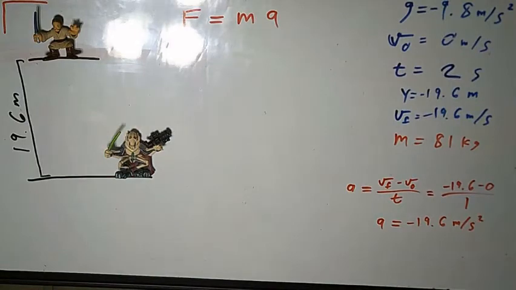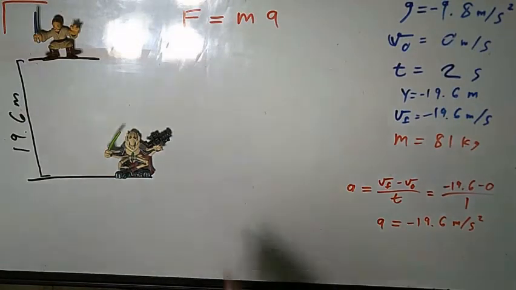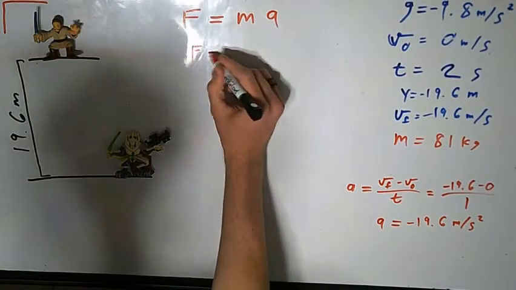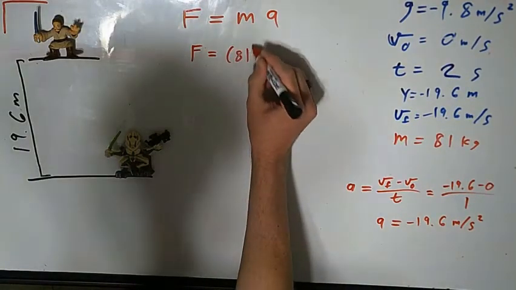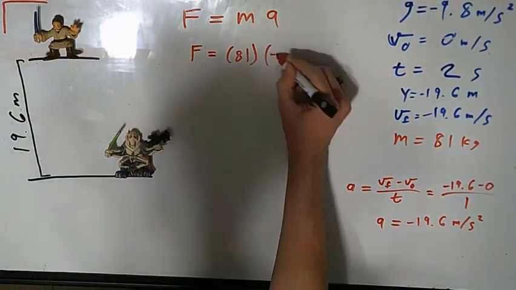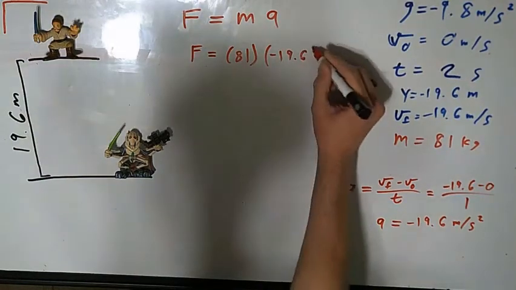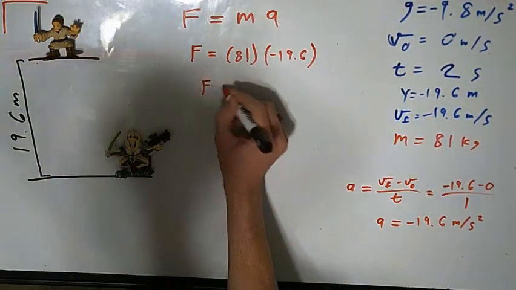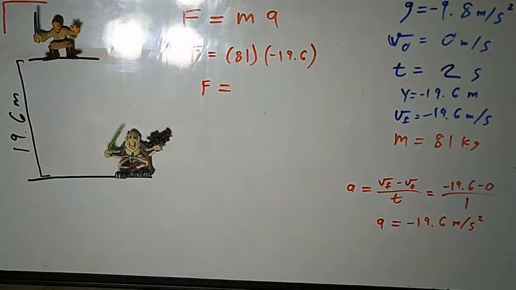This is obviously a rough estimate, but that puts our acceleration at negative 19.6 meters per second squared. So now let's go back. Our force equals 81 kilograms times negative 19.6 meters per second squared. We multiply that out, and we will get our answer.